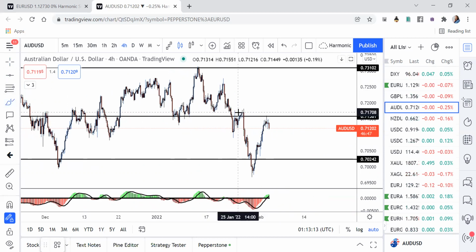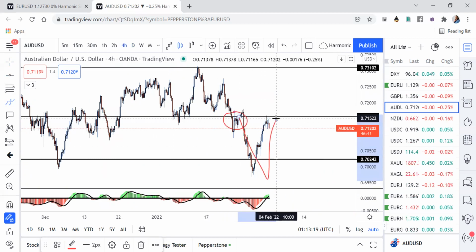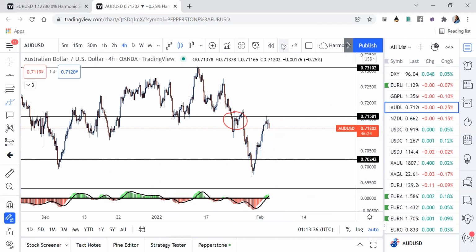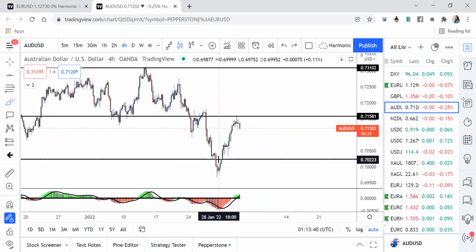We had a breakout to the downside and a retest here. I don't want you to get too distracted by this. Yes, we have a retest. Yes, price is gonna sell. Remember on the daily time frame, we got a retest and we look to long, right? So in the 4-hour time frame, I don't have any structure in this zone here. I want to see what price is telling me.